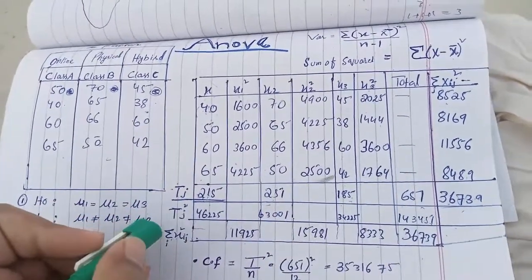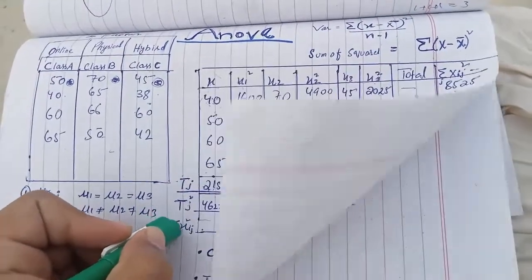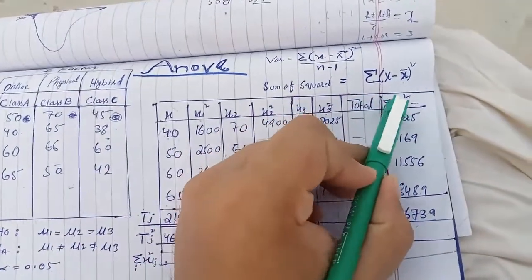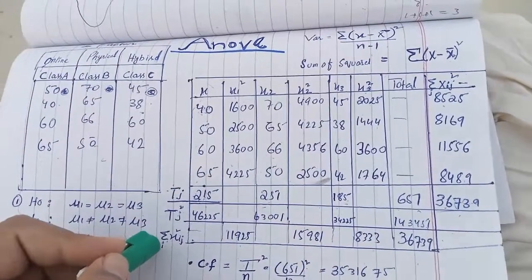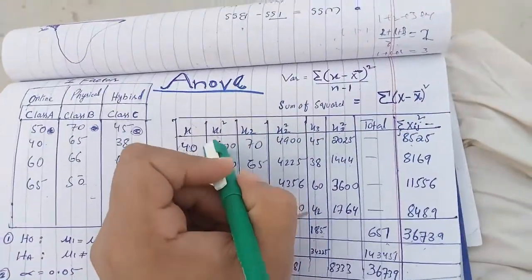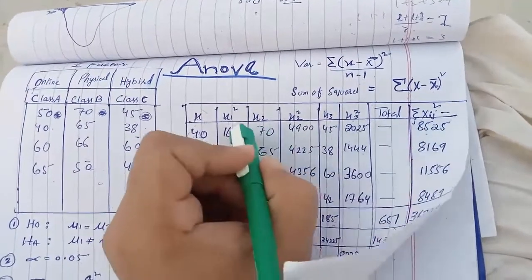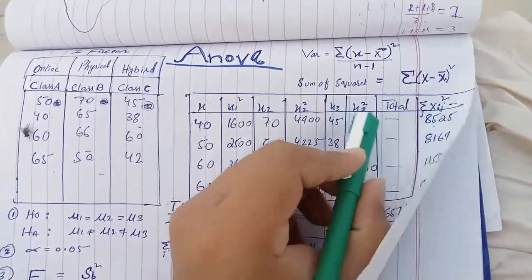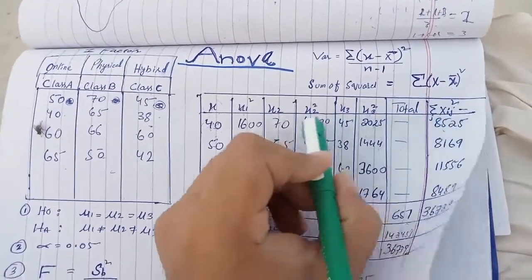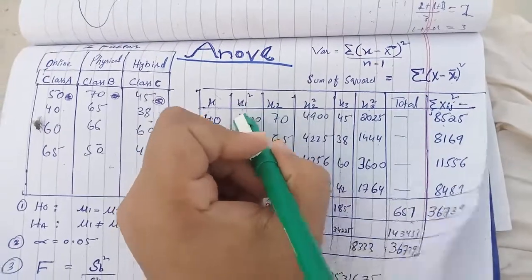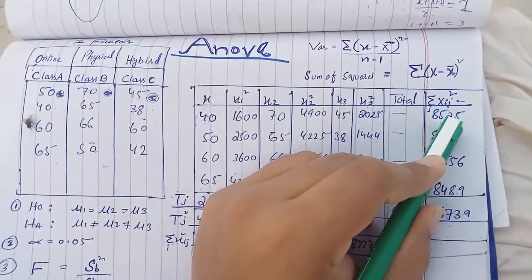Now what is the summation of x square? If you can see here, these both look similar, but the difference is that this one is the summation by rows, the summation of x1, x2, x3 values by rows.